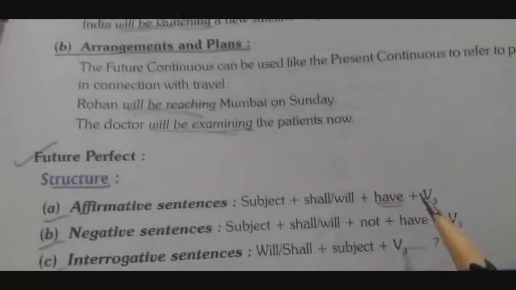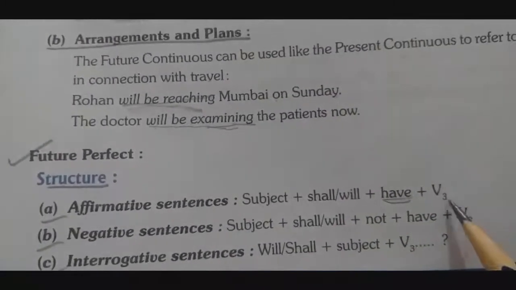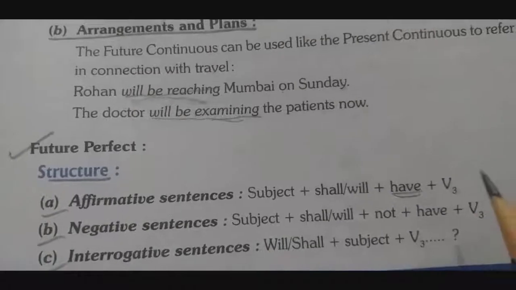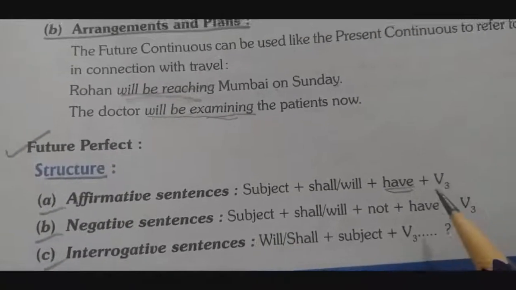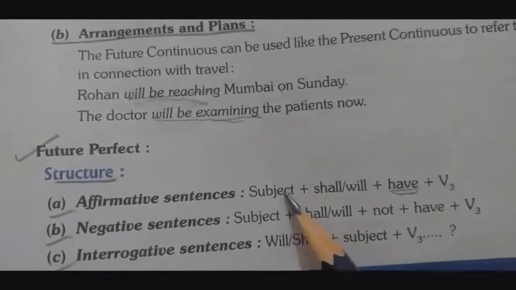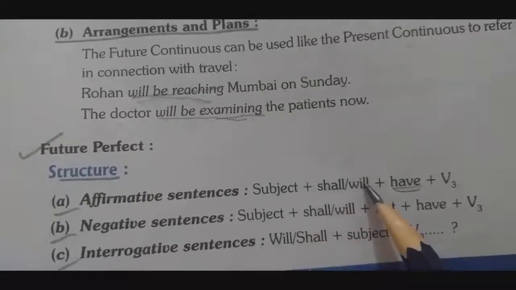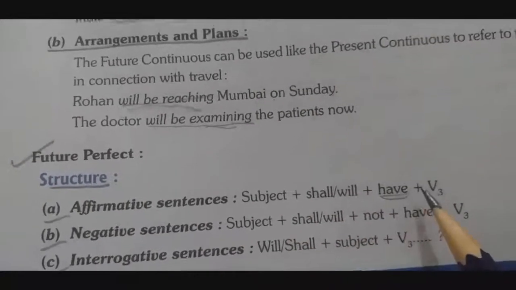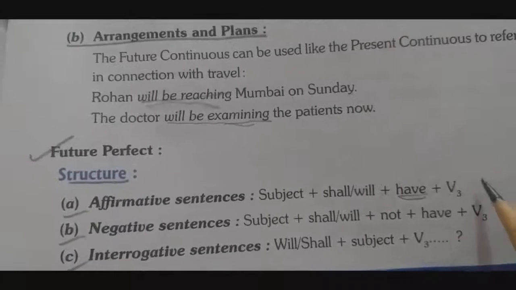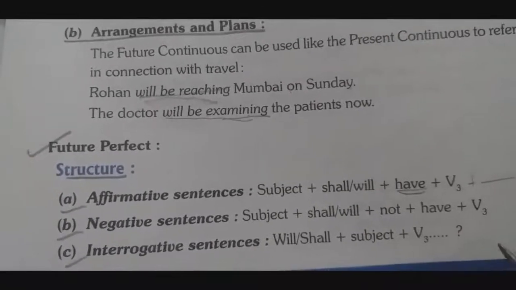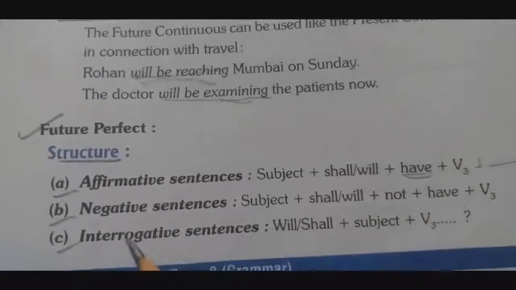But here we are not going to use ing, because it is not a continuous form. It is the perfect. So we will use subject plus shall or will, and then have, and then third form of verb, and then remaining part of the sentence. Clear?